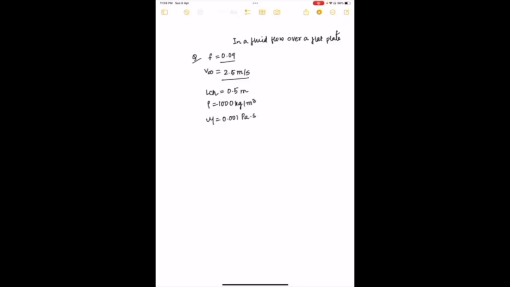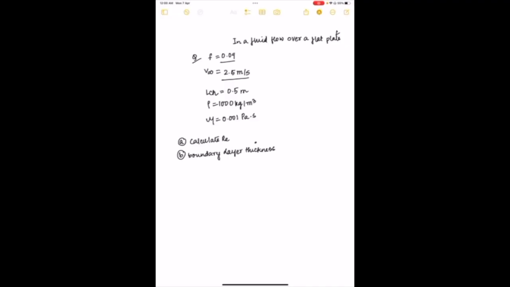Now we need to calculate A, the Reynolds number RE, and also the boundary layer thickness.